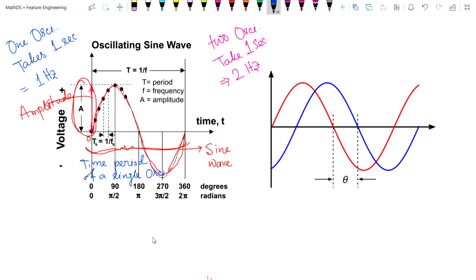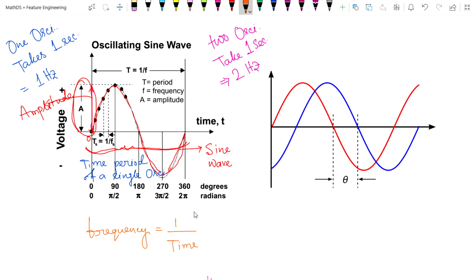And frequency is equal to 1 by time, simply. Frequency is equal to 1 by time. That is the simple relationship between frequency and time.